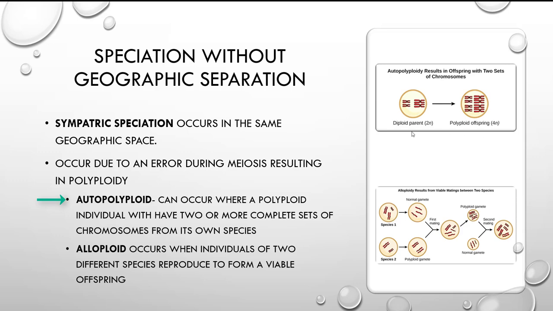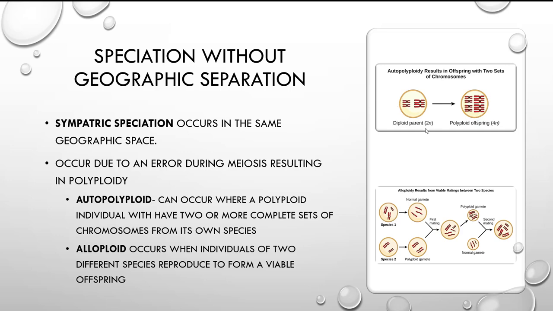And then because we're talking about plants most likely, they can self-fertilize. So if you have a diploid parent that can self-fertilize, then you end up with a tetraploid offspring, okay? The diploid parent self-fertilizes, and you get a tetraploid offspring that is a new species because it's different from the parent.